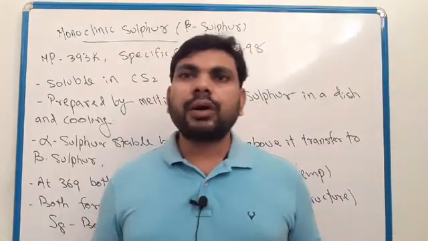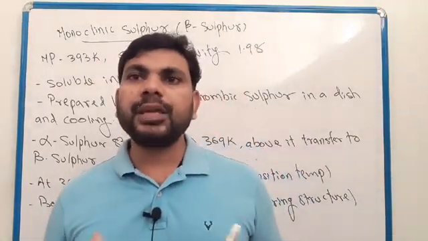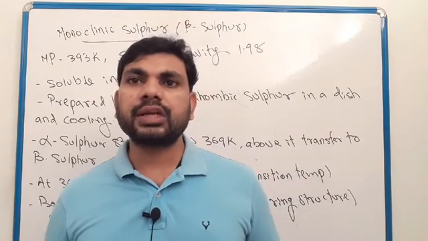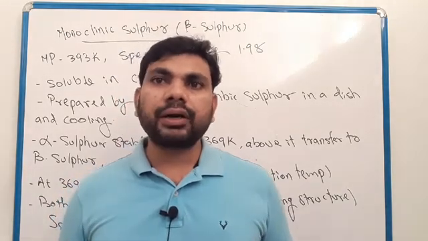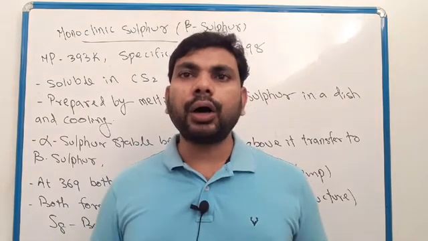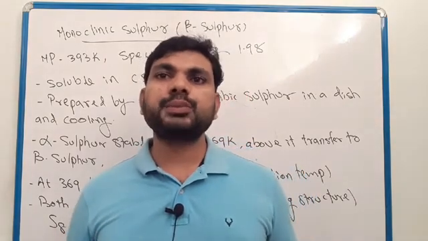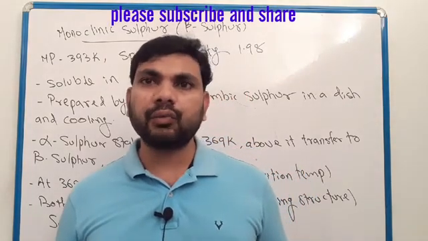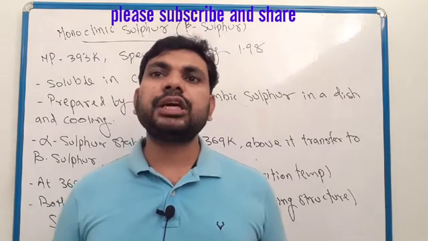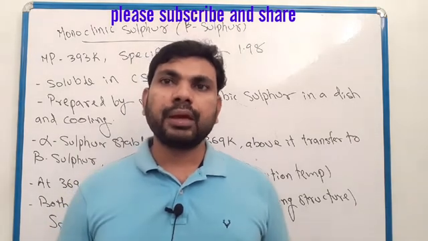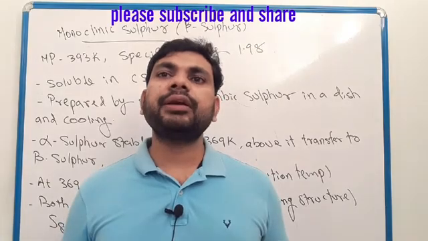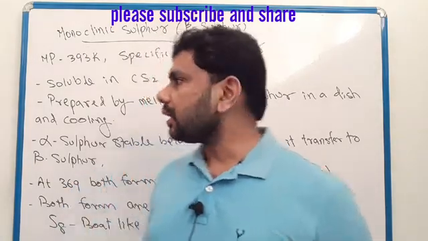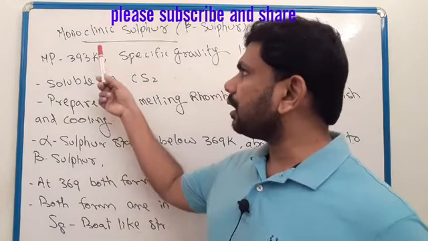Next, we have to understand beta sulfur, monoclinic sulfur. Its boiling point is 393 Kelvin and its specific gravity is 1.98.